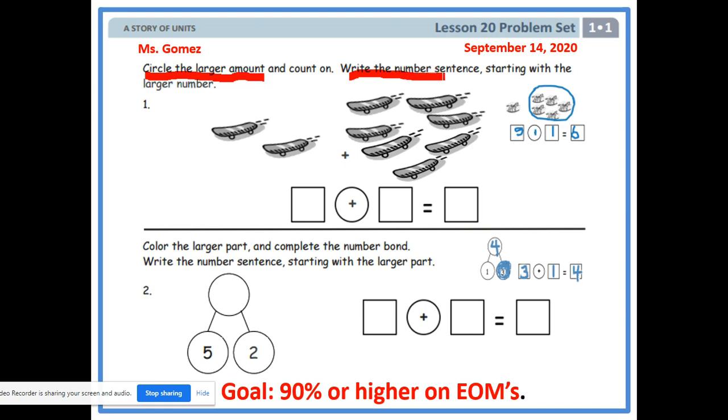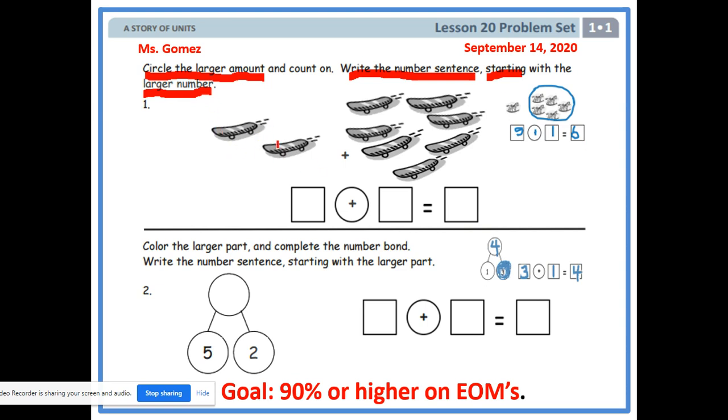Let's write the number sentence starting with the larger number. So they gave us an example right here. They have one horse and then 5 rocking horses. Well, they circled the larger part, which is 5. They started with, and then they started their number sentence with the larger part, which is 5 plus 1 equals 6.